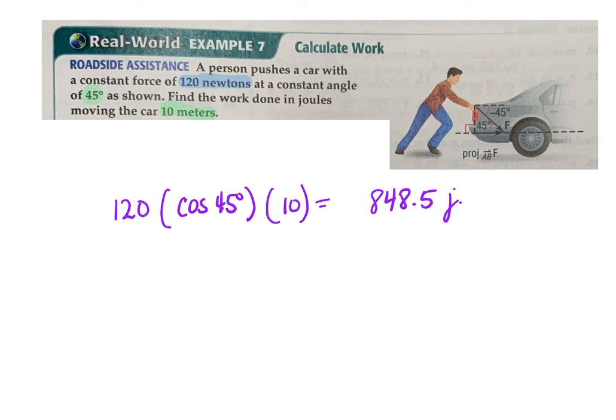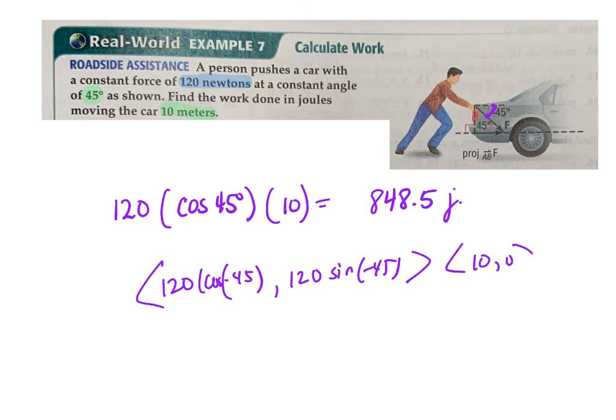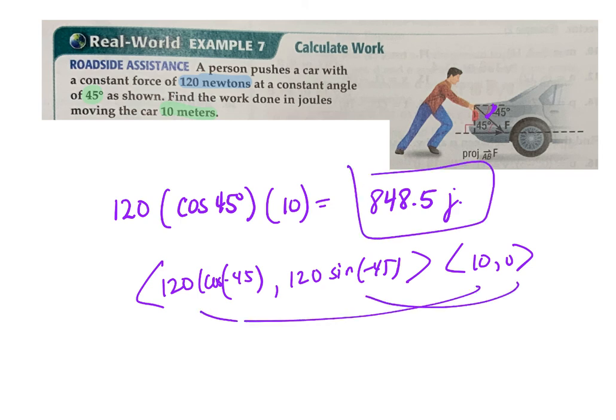So if I did the force method, I would do the same thing basically, 120 times my cosine of negative 45, because that's the angle that I'm using from this direction. That's my A and B. Rather, it works out the same though, using those two formulas. So they just did a dot product between that and I'm moving it right and not up and down. So if you did the dot product of these two, you would get the same exact answer as using this formula. All right, it works out the same. So I find this formula easier than the dot product formula.